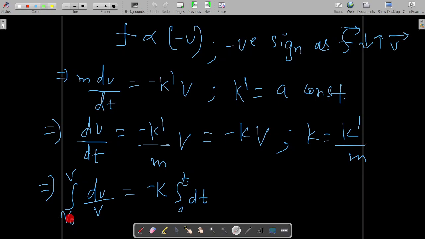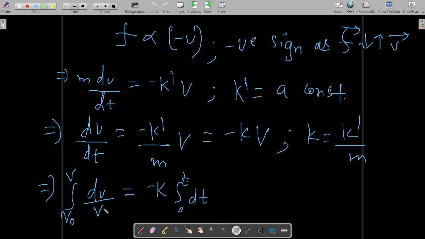So v will be less than v naught, because the final velocity was less compared to the initial velocity due to the action of the resistive force. So dv by v equals minus k integral of dt, where time initially was 0 and velocity v is there at a particular time t.